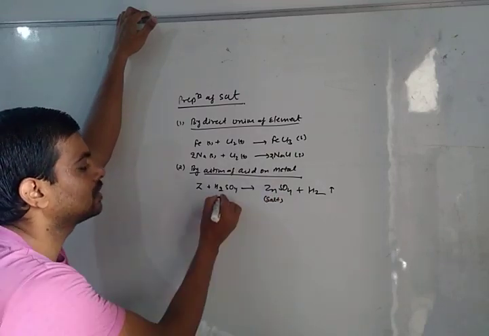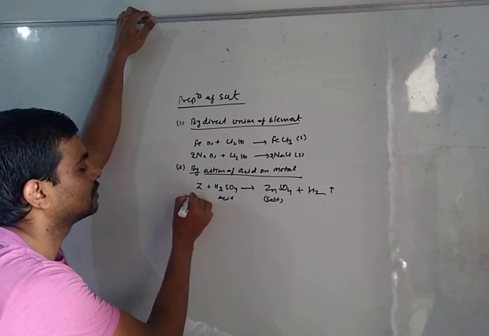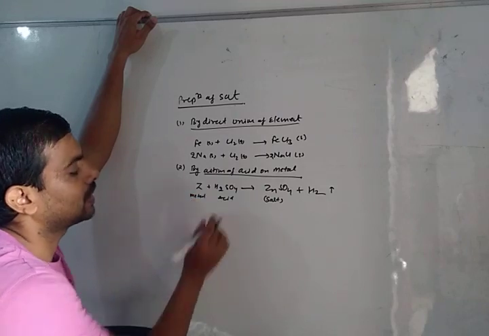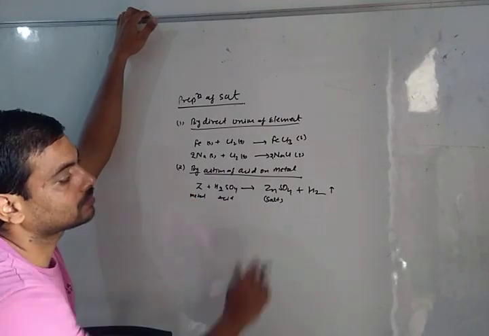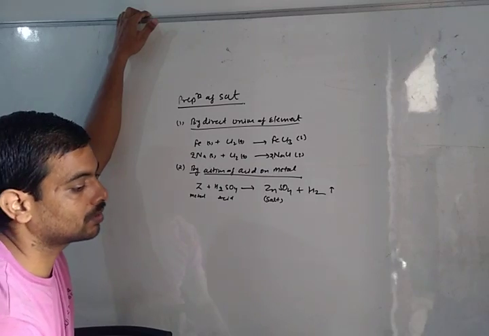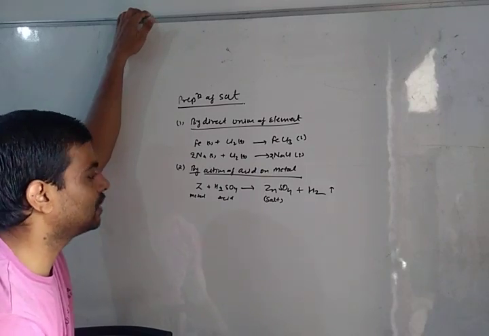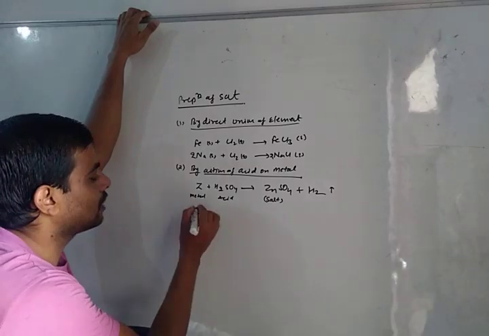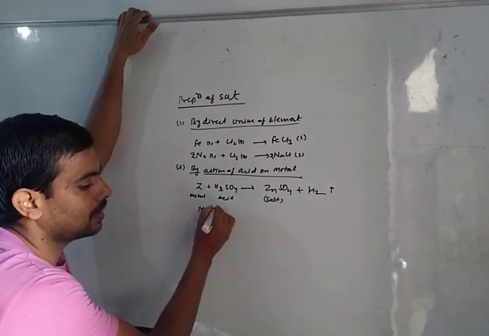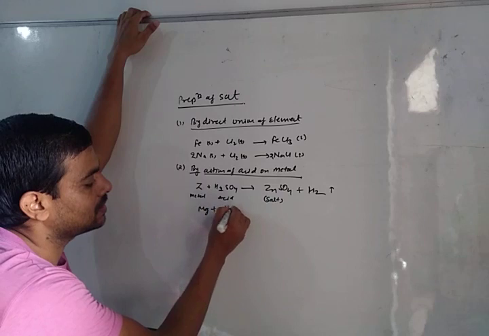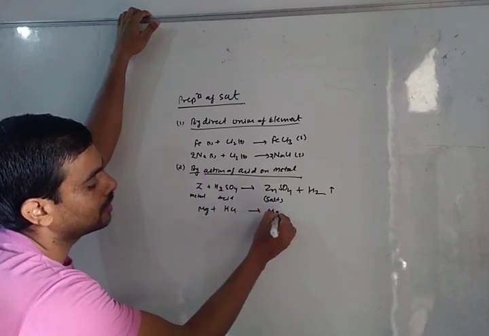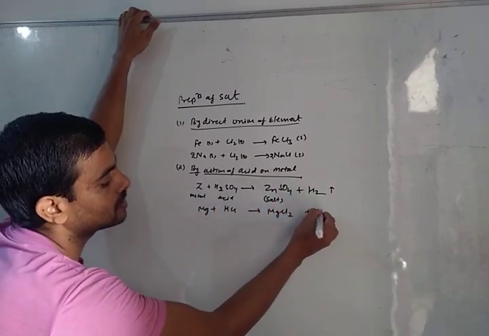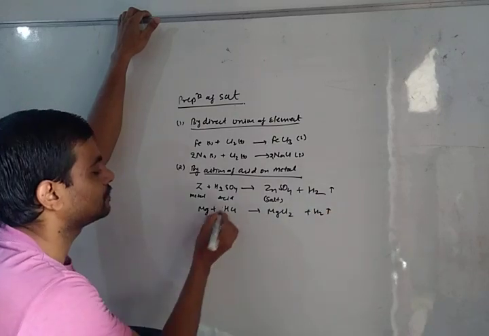Which kind of salt? Zinc sulfate, salt of zinc and sulfate. The basic radical is zinc and the acidic radical is sulfate. You can also write another example, Mg plus HCl forms MgCl2 plus H2 gas.